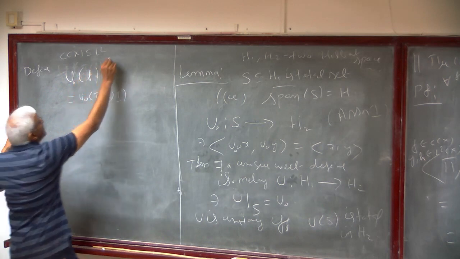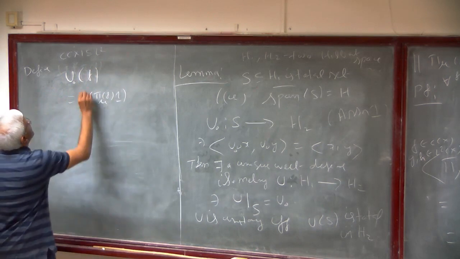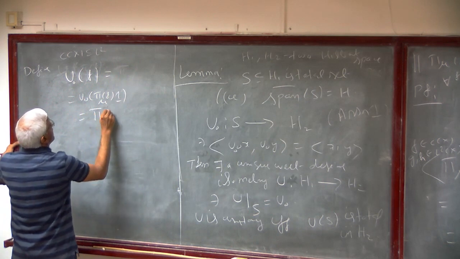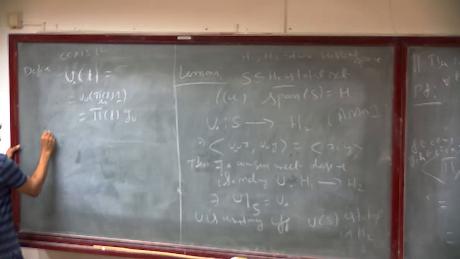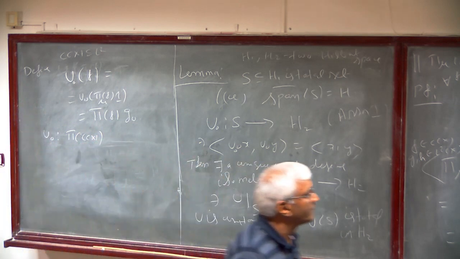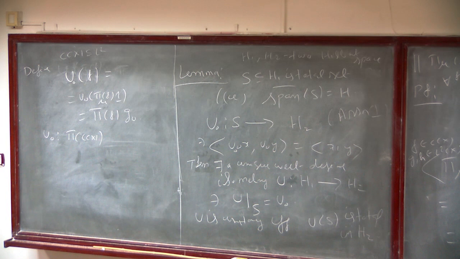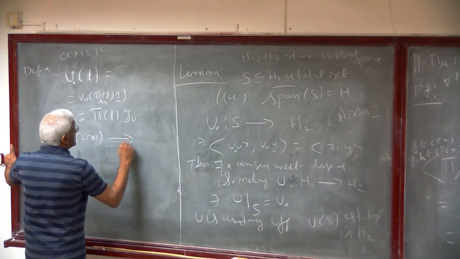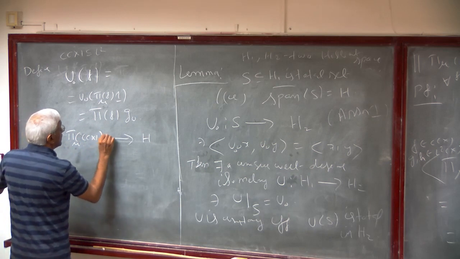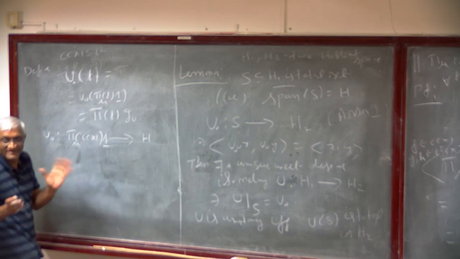I'm trying to define something from L2 to H. U naught of f equals pi of f of xi naught. This is an operator from pi_mu of C(X) to H, which I defined on pi_mu of C(X) applied to 1, which is the same as the function itself.